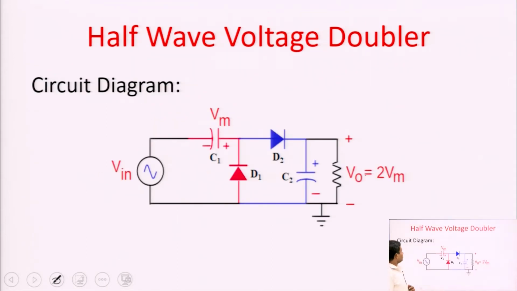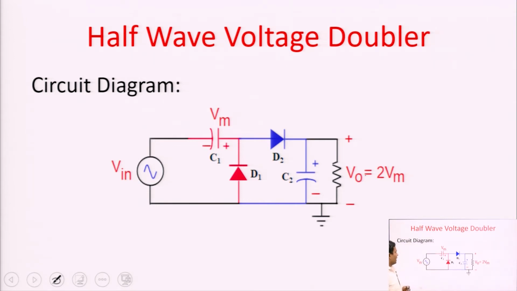Now, the half wave voltage doubler, this is the circuit diagram. In the half wave voltage doubler, you can see that there are two peak detectors. This means two pairs of capacitor and diode: C1, C2, D1 and D2 are connected in this circuit.